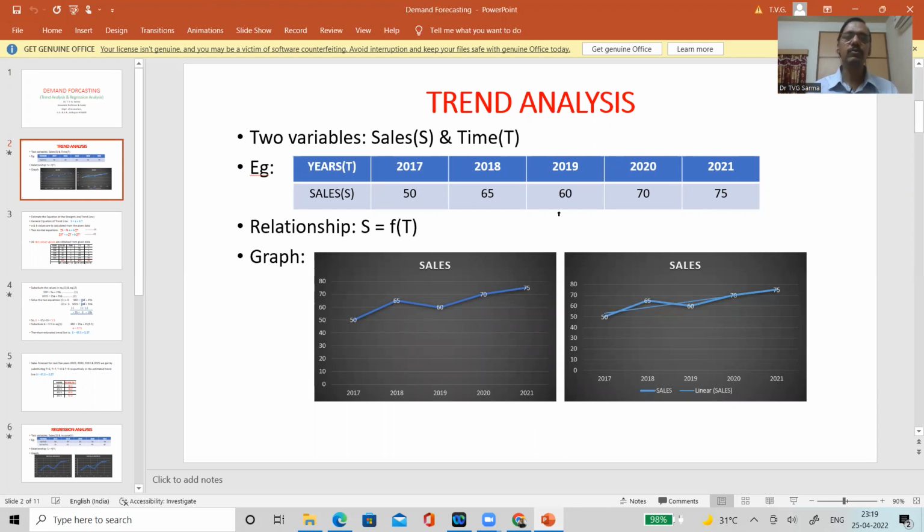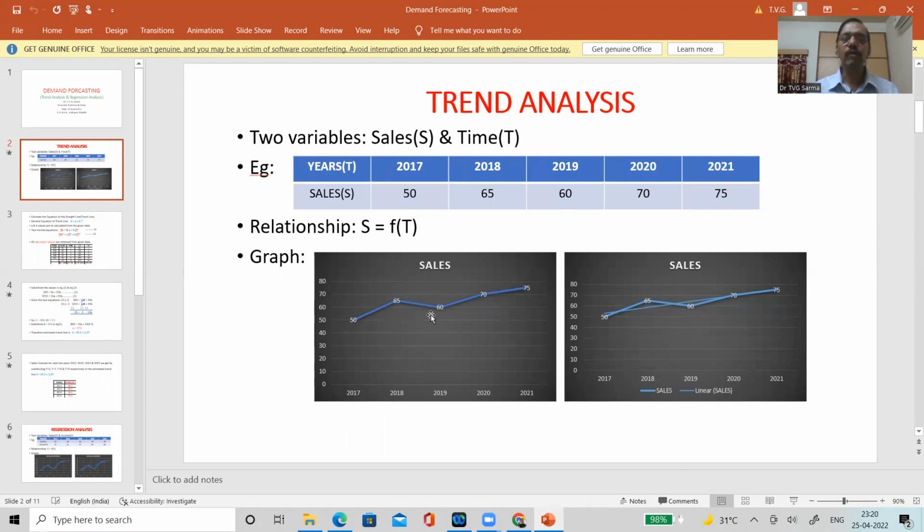So in simple words, in trend analysis, we are focusing on studying the relationship between two variables, namely sales and time. In order to understand the fluctuation in sales over the time period, the first thing we do as an analyst is to plot the line graph, taking years on the x-axis and sales on the y-axis.